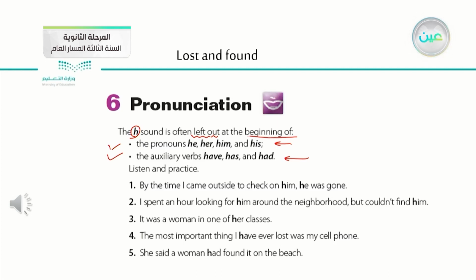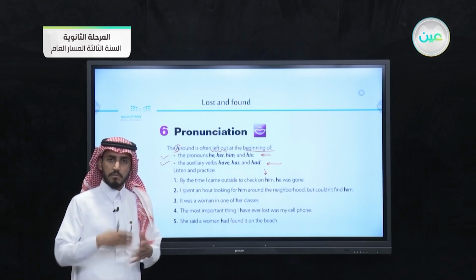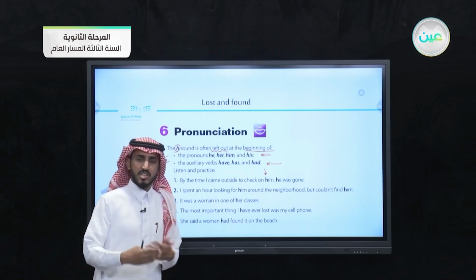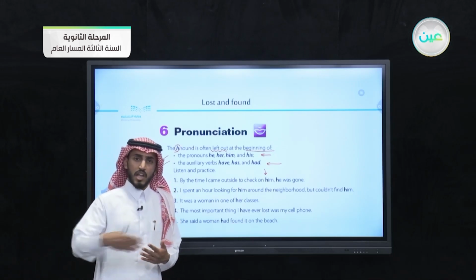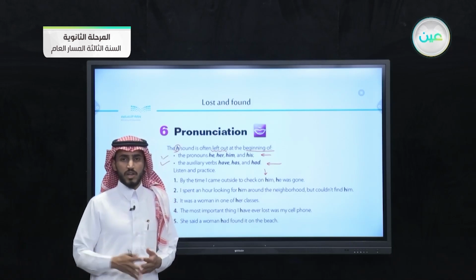And the last one, number five, she said a woman had found it on the beach. If you noticed, we left out all the H's in the auxiliary verbs and also in the pronouns. You can pause the video right now, take some time to practice, to repeat these sentences and try leaving out each one of these H's.